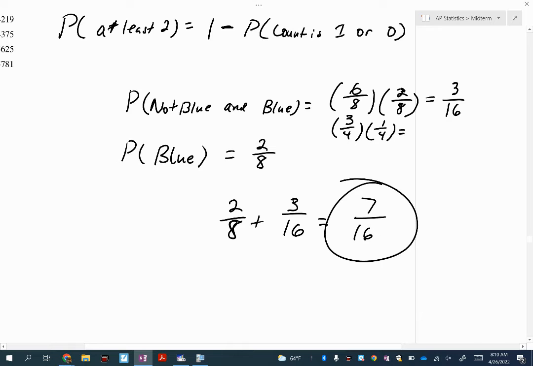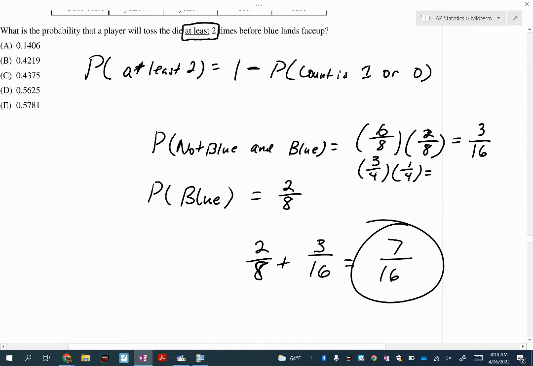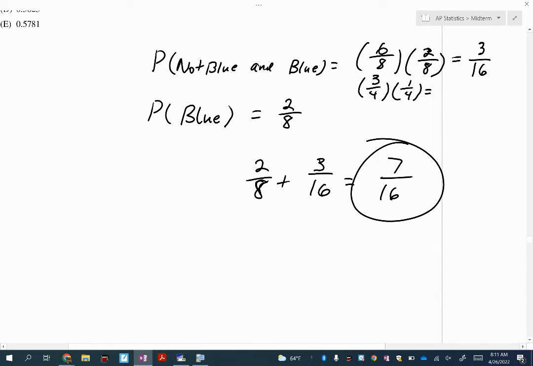But that's not the answer. It's the wrong answer because 7/16 is the likelihood that I roll a blue on the first one, or I roll a blue on the second one when I didn't roll a blue on the first one. It's those two together. So to answer this question, at least 2 or more, I'm going to take what I just found and subtract it from 1.